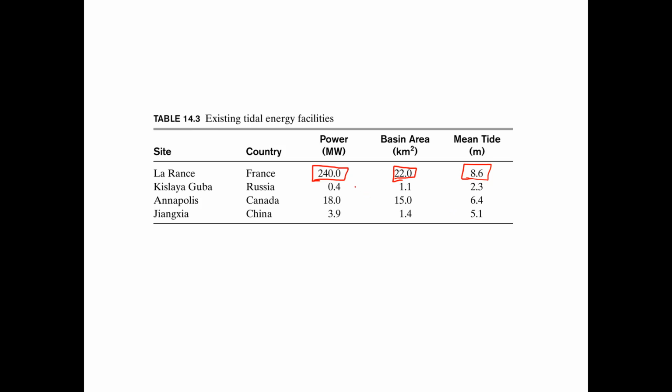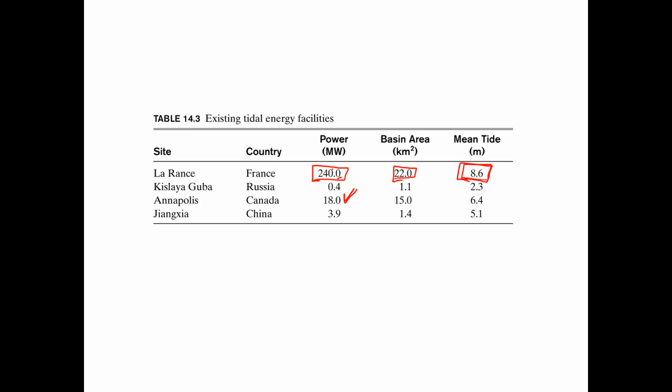It also shows one in Canada that can generate 18 megawatts. You can see the difference between the one that produces the most power and the second most is huge. Then you have one in China and Russia as well.